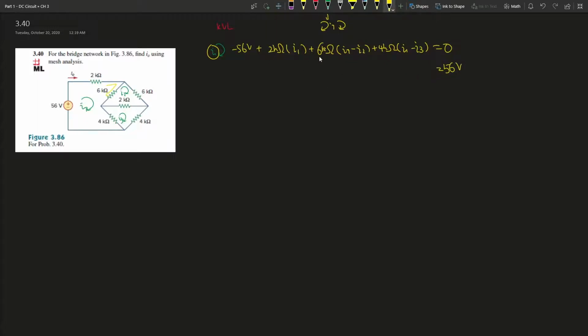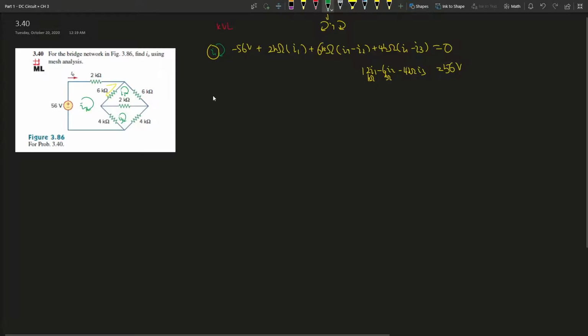So the negative 56 moves to the other side. First look for I1s: there's 6, 4, and 2, so 12k ohms I1, then negative 6k ohms I2, and then negative 4k ohms I3.